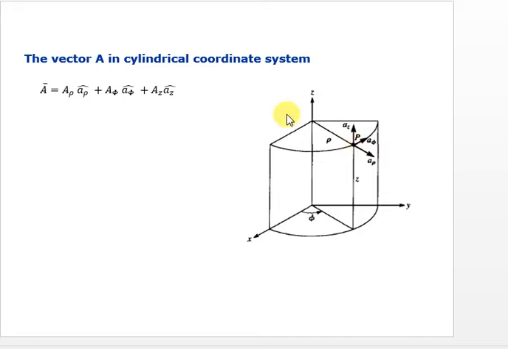At this point, the vector A can be written in the cylindrical coordinate system as vector A equal to A rho unit vector a rho plus A phi unit vector a phi plus A z unit vector a z.